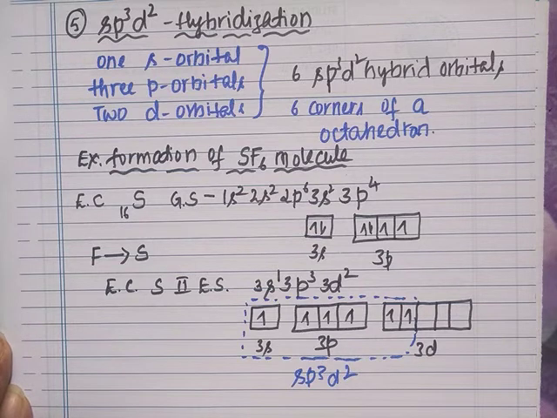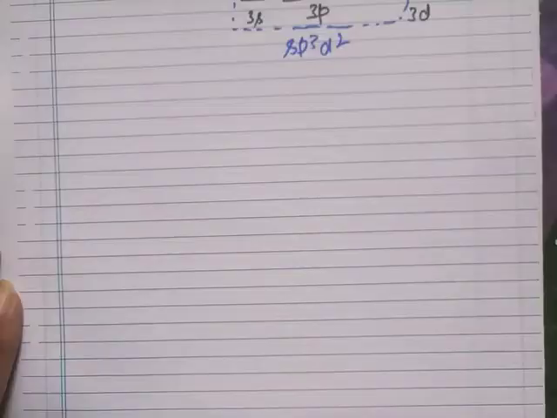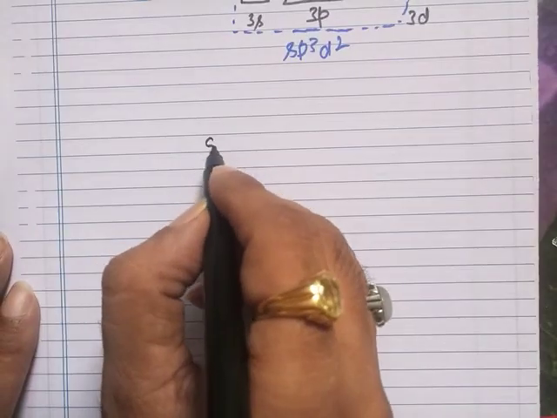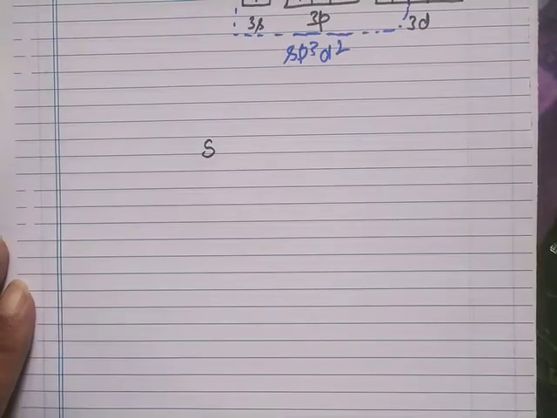Then the fluorine atoms containing unpaired electrons in their pz orbital overlap with the 6 sp3d2 hybrid orbitals to form the SF6 molecule. So the sulfur in the SF6 molecule undergoes sp3d2 hybridization.